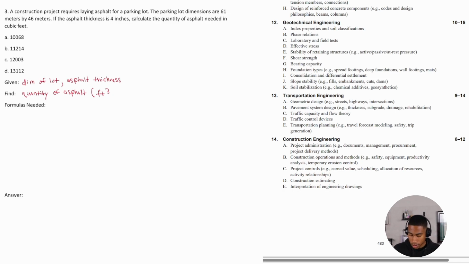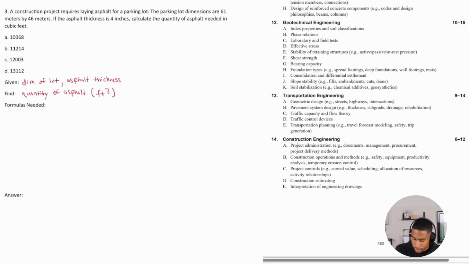So do we need a formula? I would say the only formula that we probably need is how to get things in feet. Because if my answer needs to be in cubic feet, then how do I do that if I have meters?